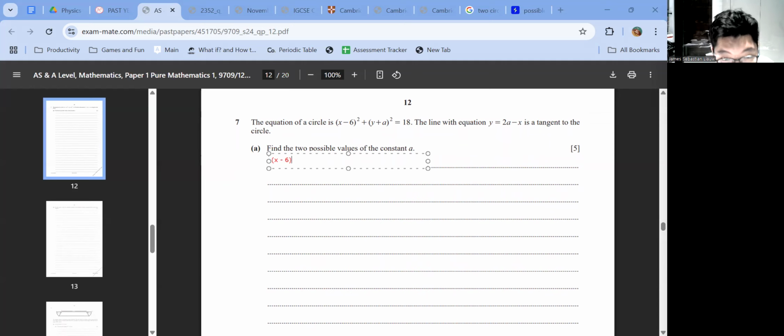Which gives you this thing right here, and by expanding everything, you will get an equation in terms of, you guessed it, a and x.